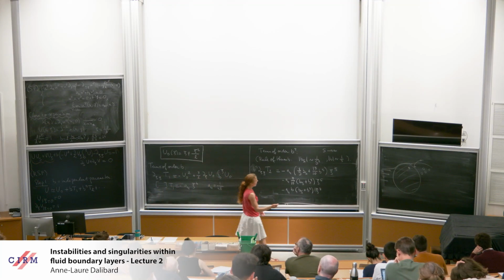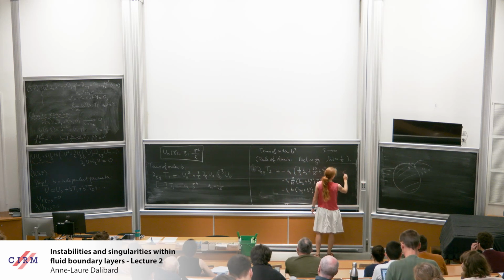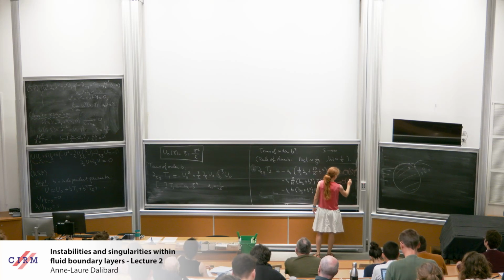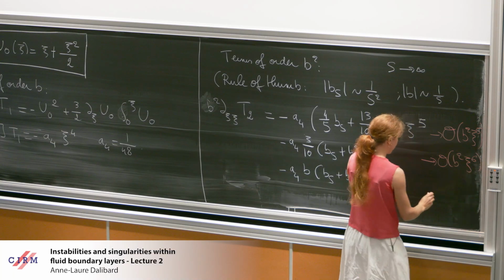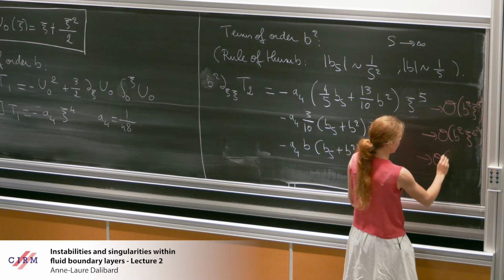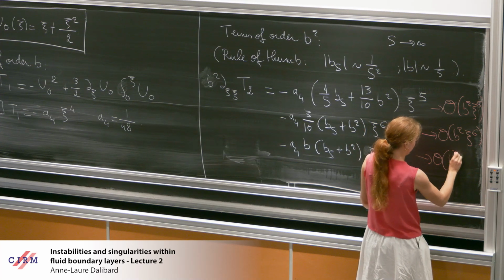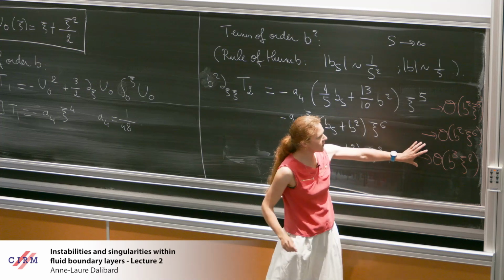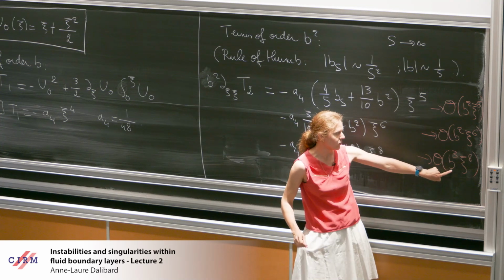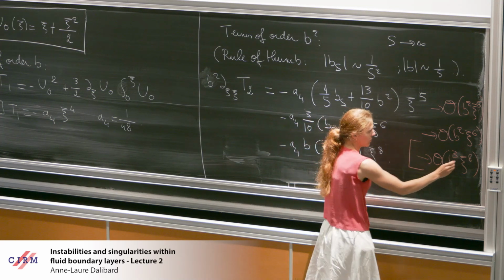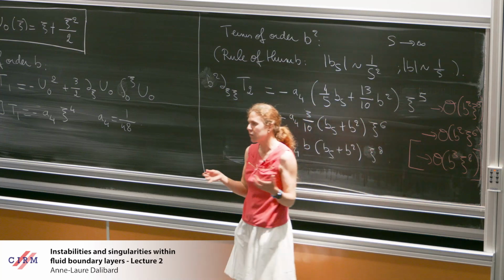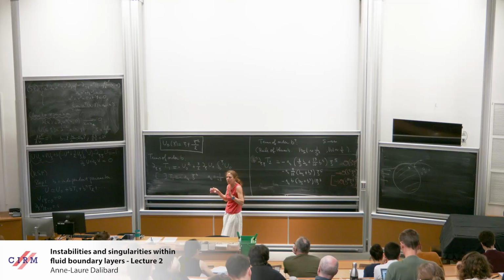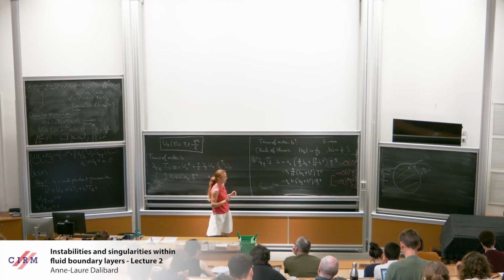So this term here, this one is of order B square xi to the 5. This one is of order B square xi to the power 6. And this one is of order B square B to the power 3 xi to the power 8. So this one I'm leaving aside for the moment because it has an additional B. So I'll forget about the last one, okay? Because it's smaller than the two others, okay, at least in some region.